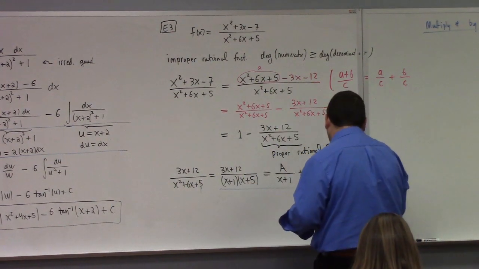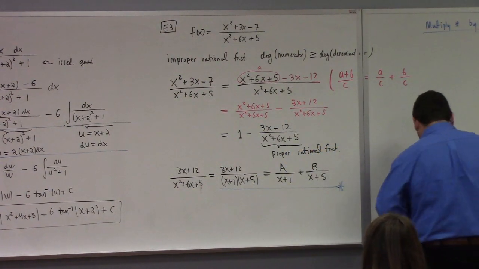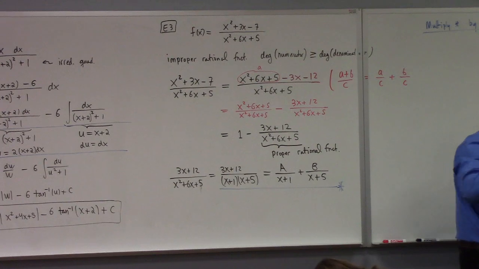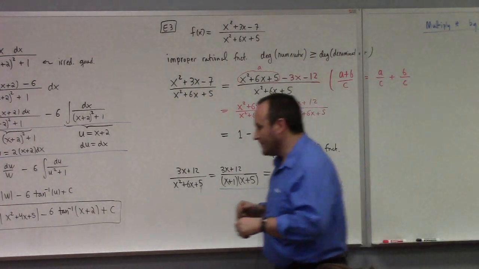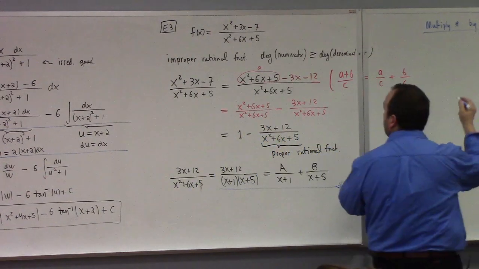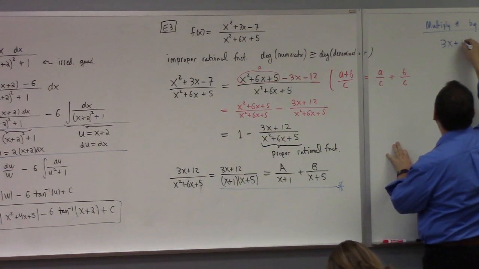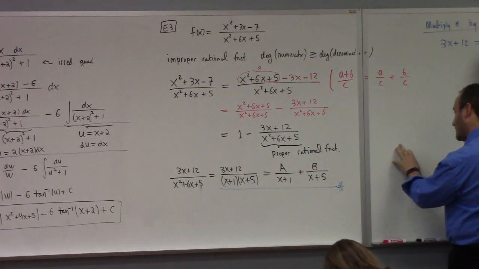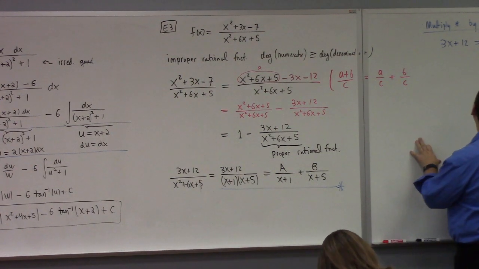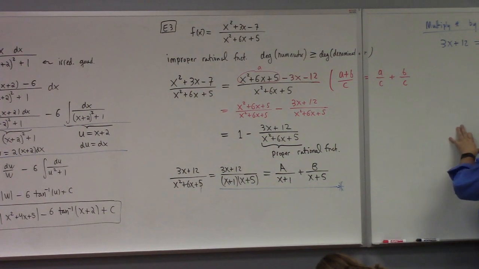This is star. And we get 3x plus 12 equals A times x plus 5 plus B times x plus 1.